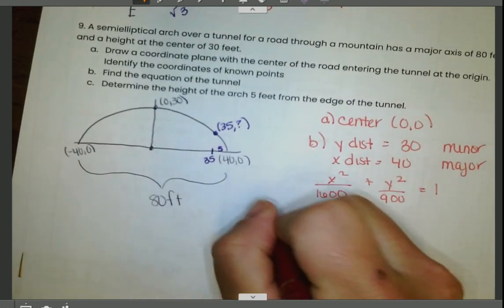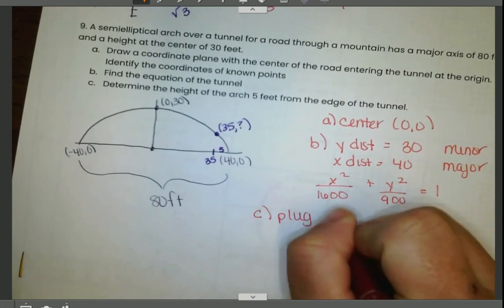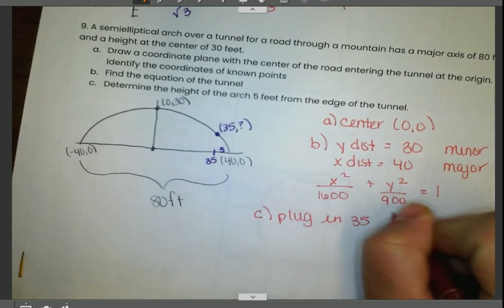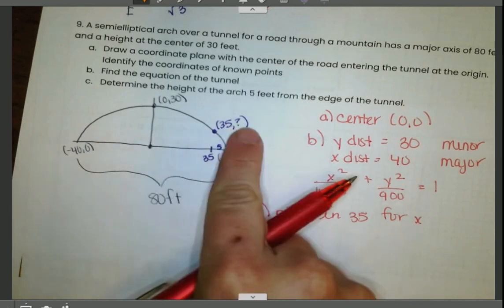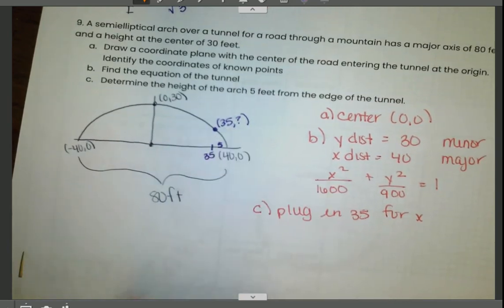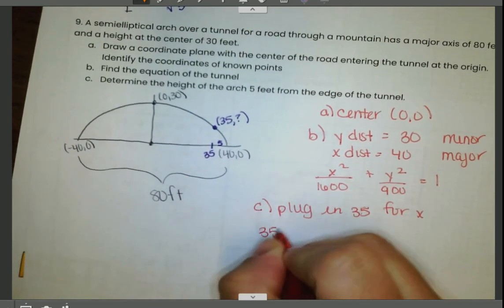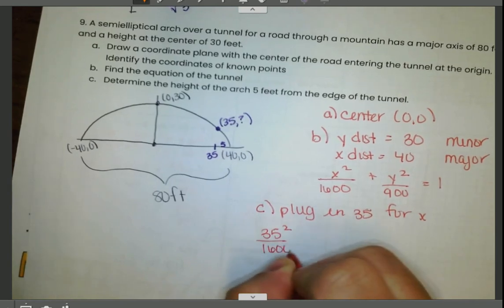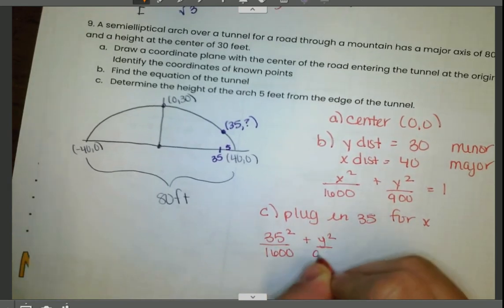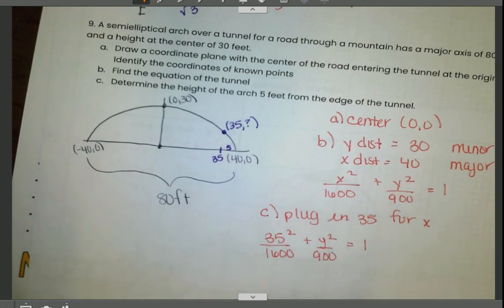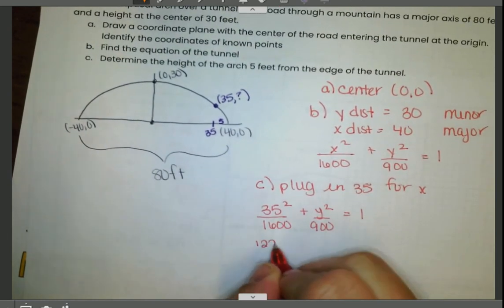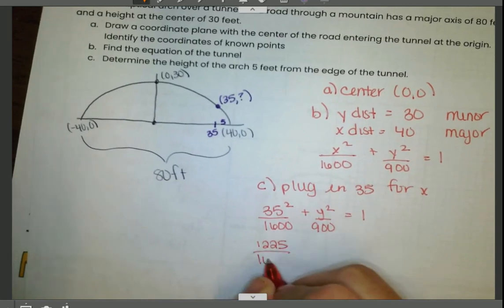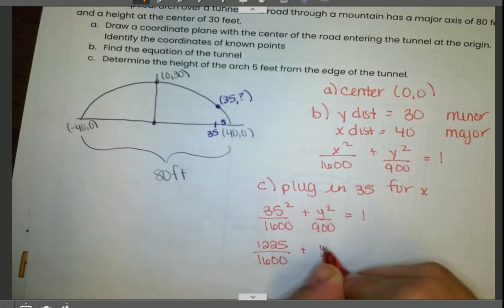Then, to do part C, we're going to plug in 35 for x, because I want to know what the other half of this is, or y. So we've got 35 squared over 1,600 plus y squared over 900 equals 1. Definitely want to utilize the fraction components on your calculator.